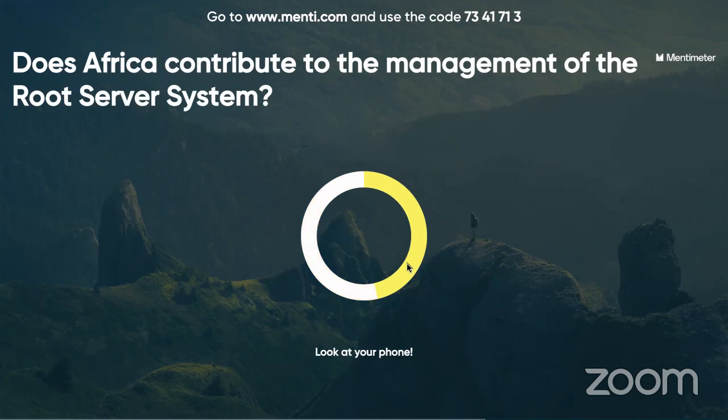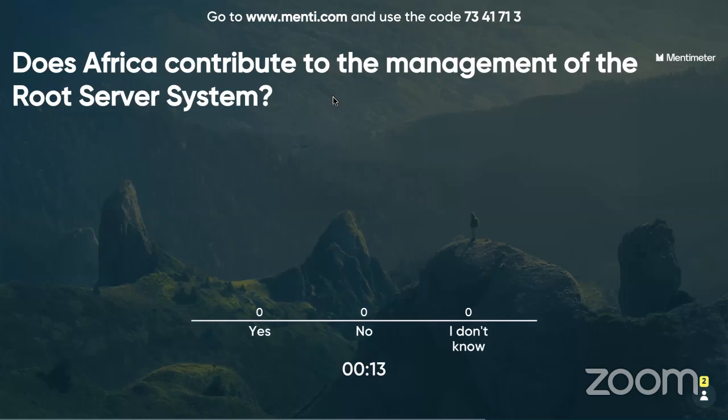So the question is, does Africa contribute to the management of the root server system? I guess this should be a very straightforward question. Yes, no, I don't know.